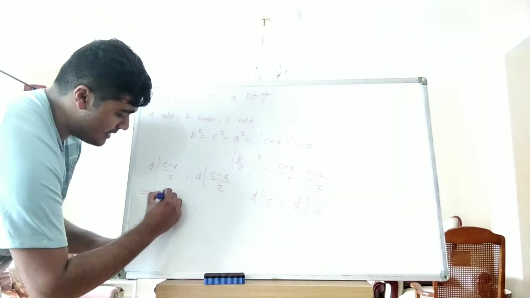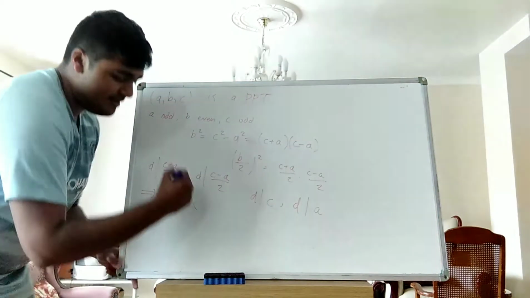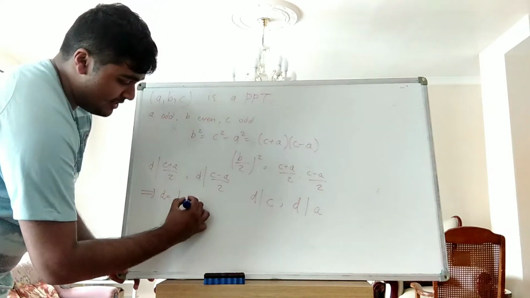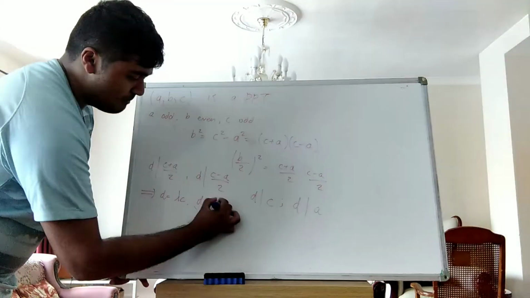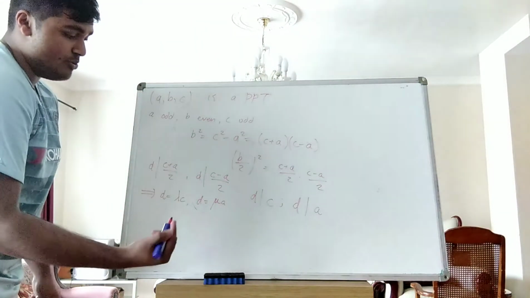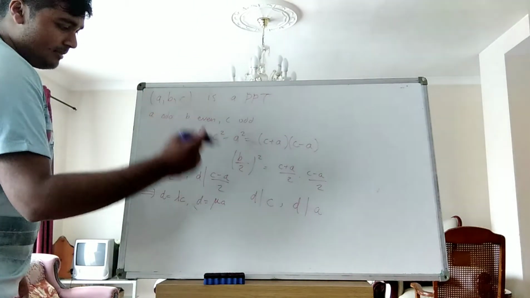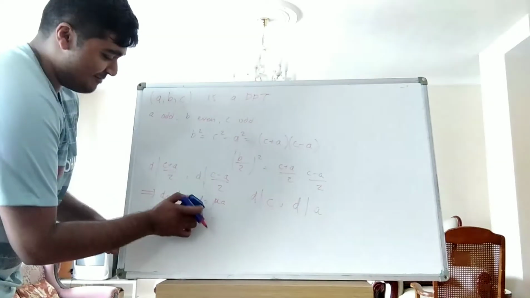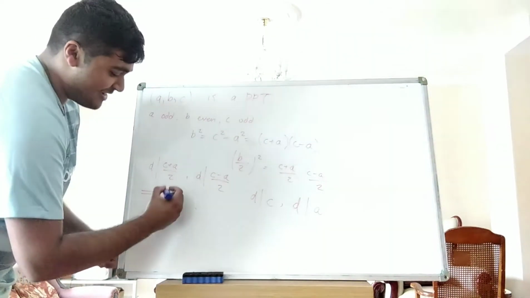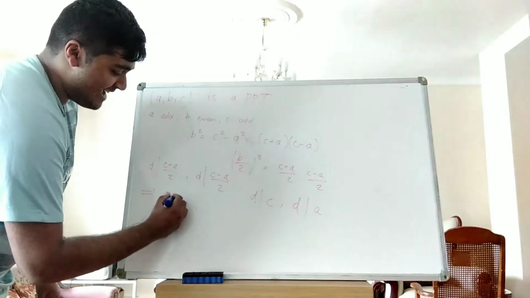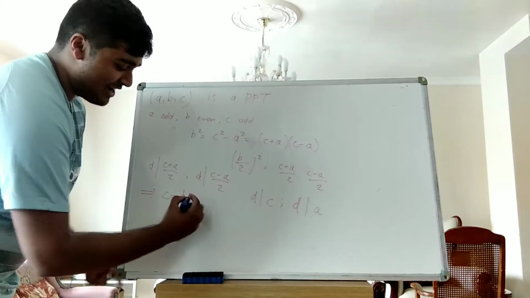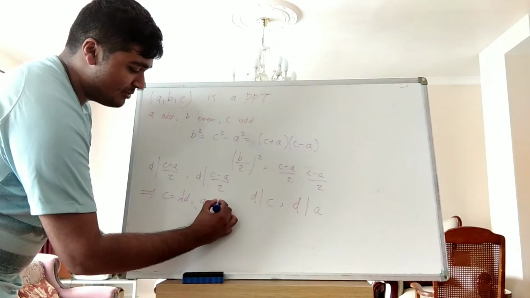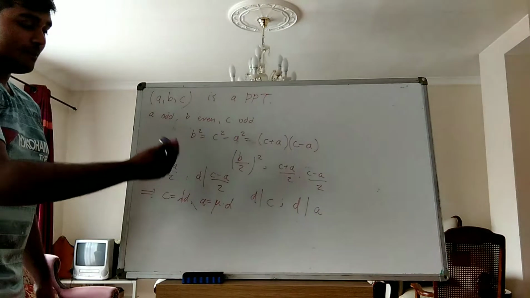Well, then that means I can write d equals lambda c for some integer lambda, and then d equals mu times a for some integer mu. But then putting that back into... Oh, sorry. I've written this wrong. This means I can write c as lambda times d for some integer lambda, and I can write a as mu times d for some integer mu.